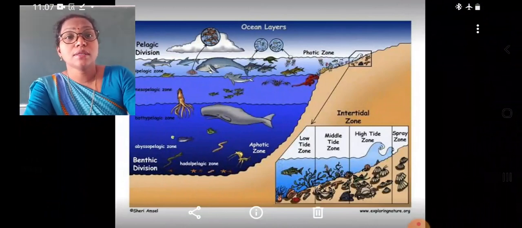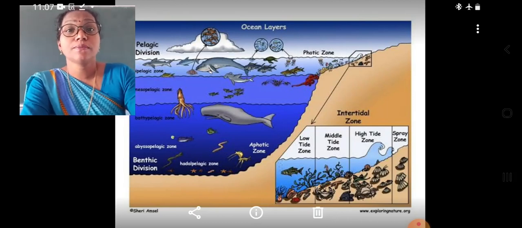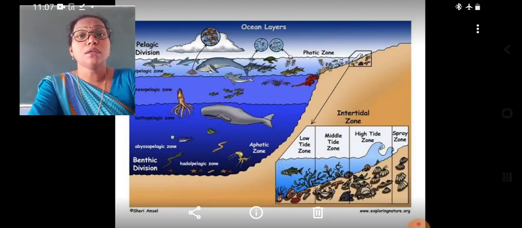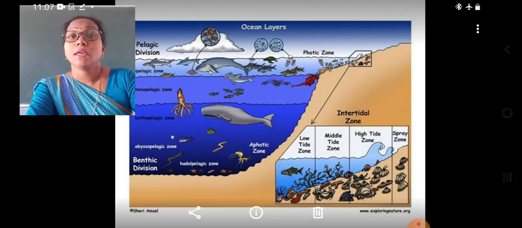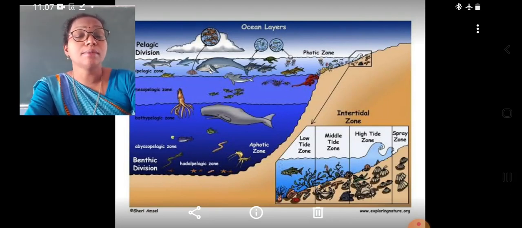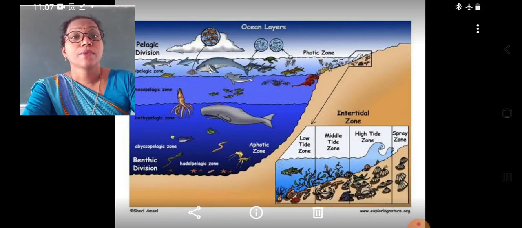Now students, about the animals living in the oceans. The oceans are divided into various zones. In the upper zone, the maximum amount of sunlight reaches the organisms. There is the maximum number of living beings in these upper layers of the oceans.